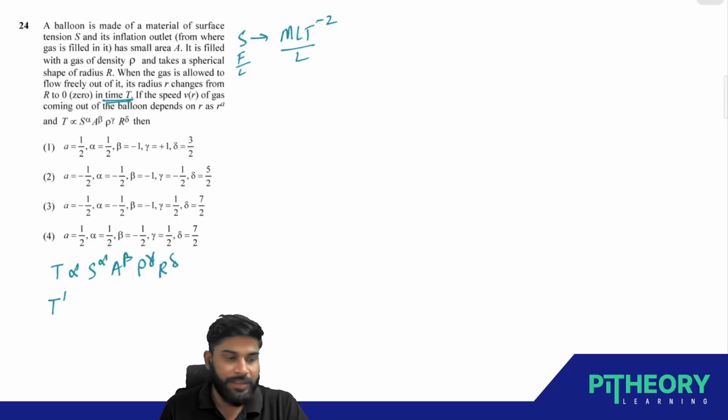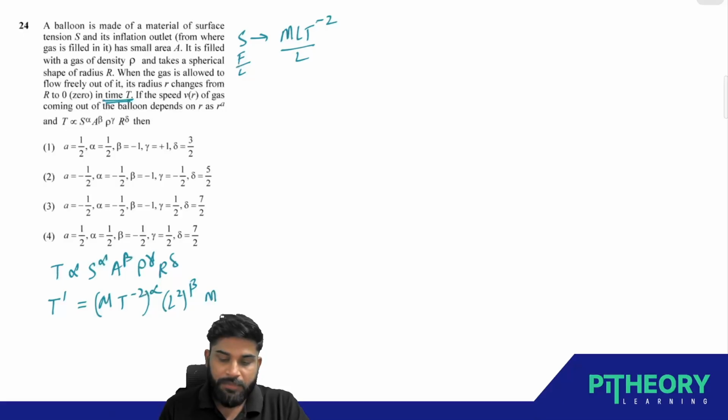So here you can write this will be equal to M, L to the power 0 only, no? Because L and L cancel here, right? So T to the power minus 2 whole to the power alpha. Area is nothing but L square to the power beta it will be coming.